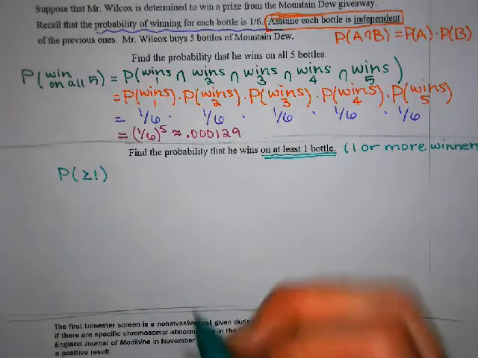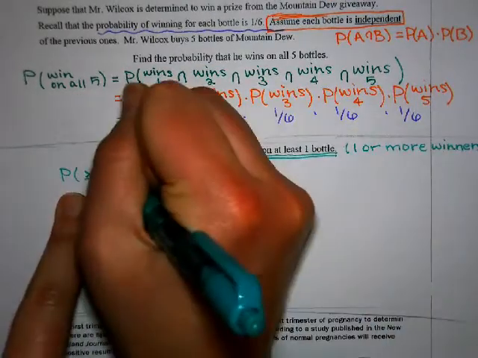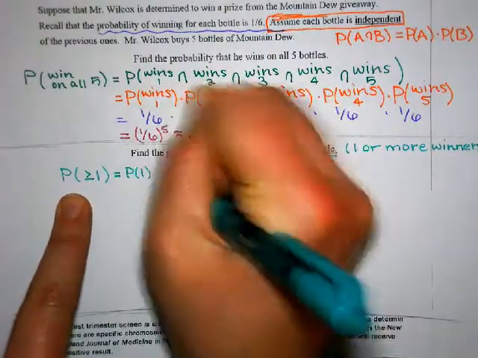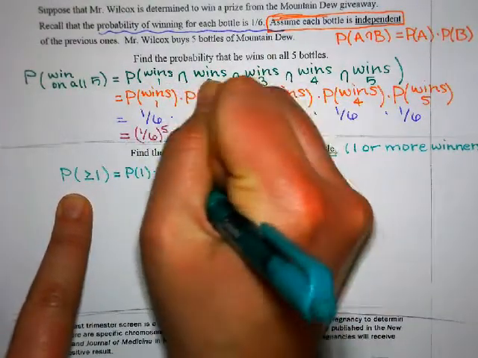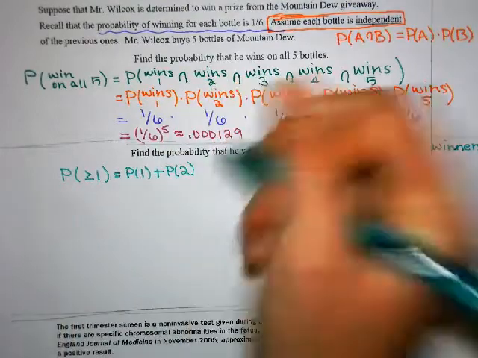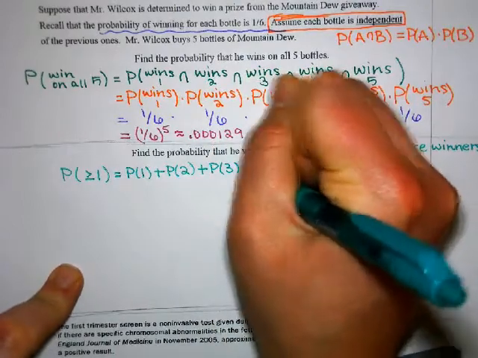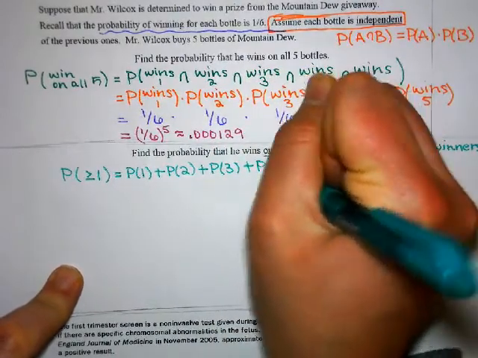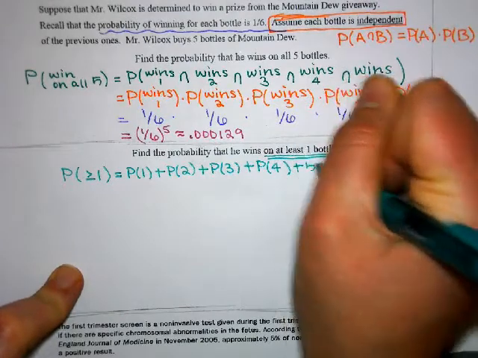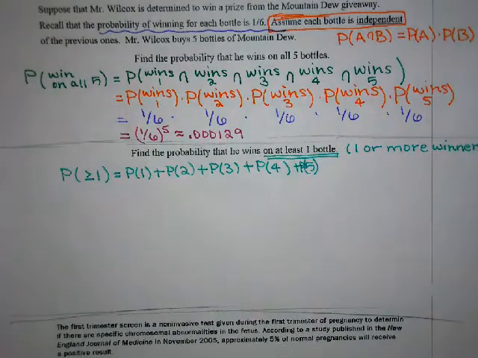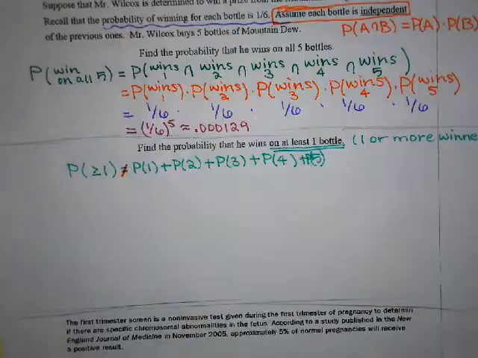Every year I have kids go, okay, probability that we win on at least 1, that comes from the probability he wins on 1, plus the probability that 2 of them are winners, plus the probability that 3 of them win, plus the probability that 4 of them win, and then plus the probability that 5 win. Oops, I forgot my P. That is not true. It's a good starting point, but those are not equal to one another, okay?